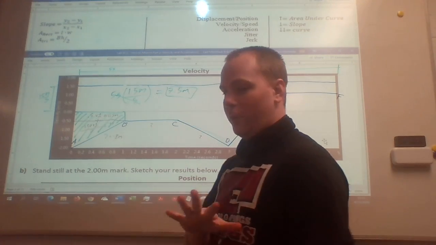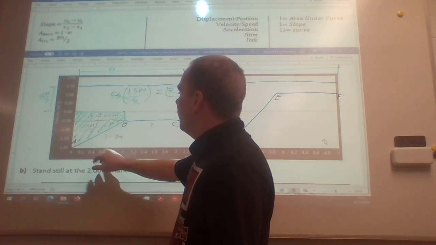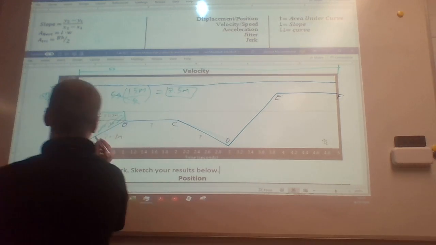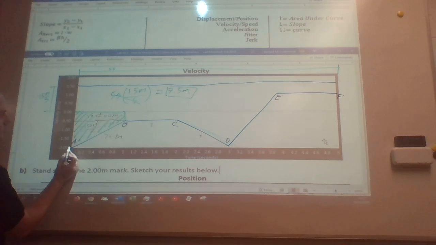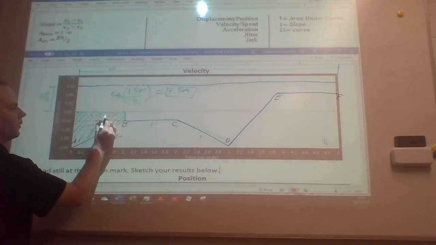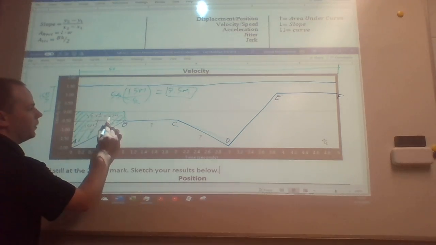Okay, so before I cut you loose on the others, I want to show and explain the first one. So it is negative 0.5 meters tall because we are below 0. So the height is negative 0.5 times 1 second wide, and anything times 1 is itself. So negative 0.5 here.